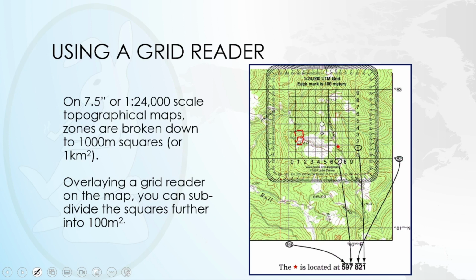Much smaller target. So then we can dial in a lot better. Being able to get down to that level is going to allow us to navigate to a more specific point, and we can add additional digits on the end if we want to get even closer, down to 10 meters, which is considered pretty accurate.